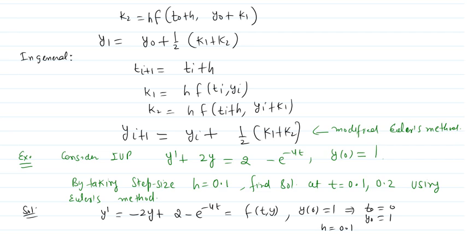Okay, and you know the solution at 0, and you need to find the solution at 0.1 and 0.2 using Euler's method. So now I write, calculate, take step size 0.1. So t1 is the next point.